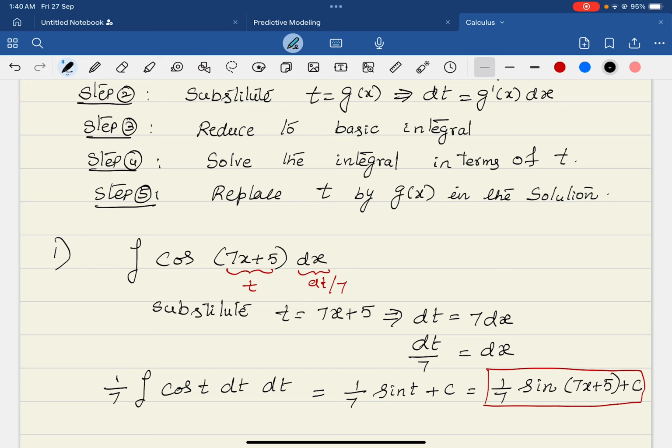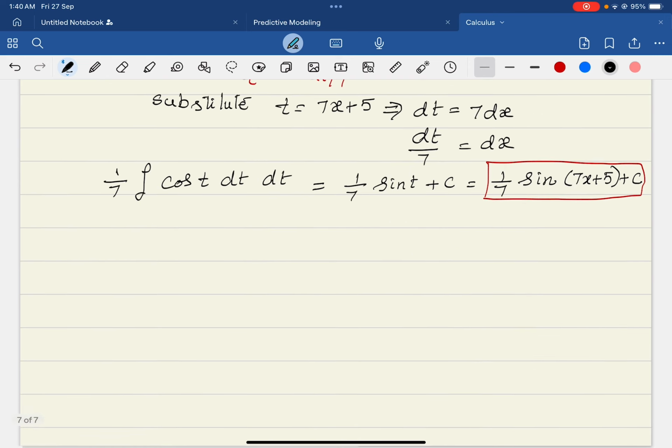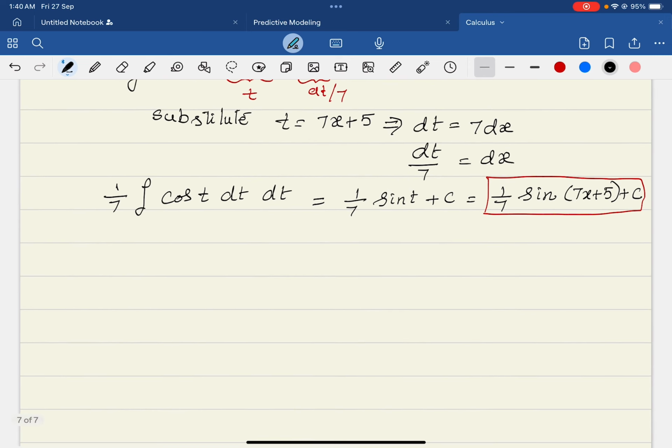Now suppose you have another problem, the second problem. Let us take, for example, the integral of x square into cosine of x cube dx.